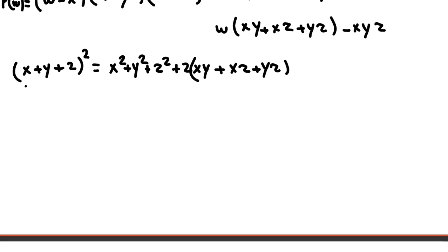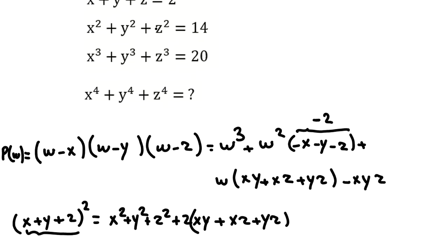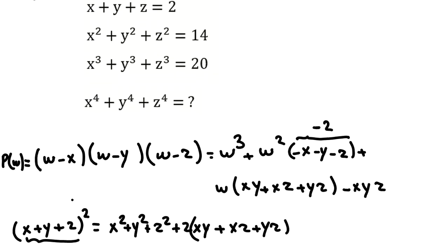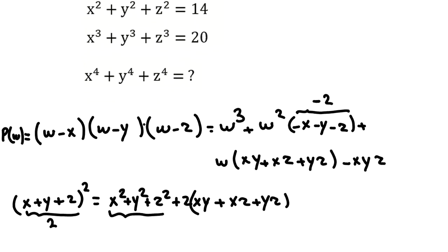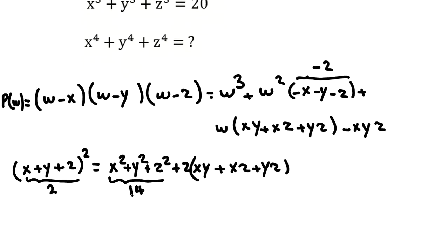So here I know x plus y plus z from the assumption of the problem is 2. So it will be 2 squared, and x squared plus y squared plus z squared is what? 14. So if you take 14 to the left hand side, it will be negative 14.